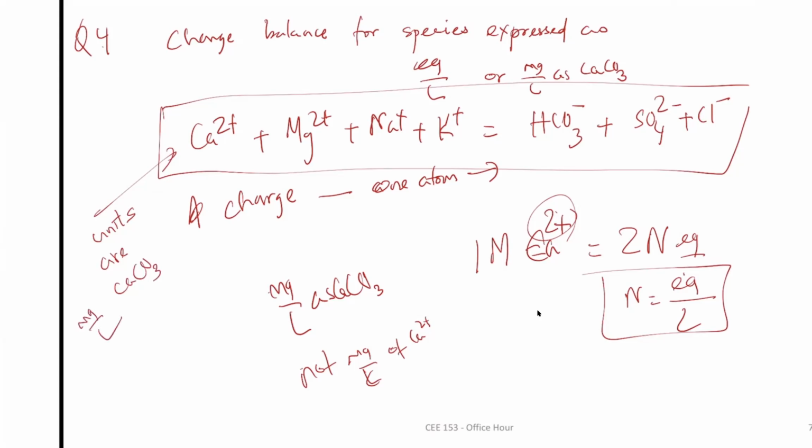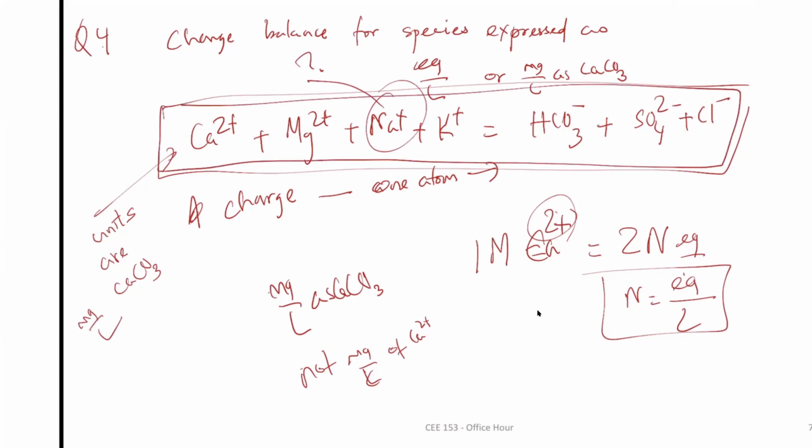That way you get the sodium concentration as CaCO3. When you solve this, the only unknown is this one. Then you get the sodium concentration as milligram per liter CaCO3, and then convert it back to milligram per liter as sodium. So this is the equation you'll be using. You don't have to account for charge.